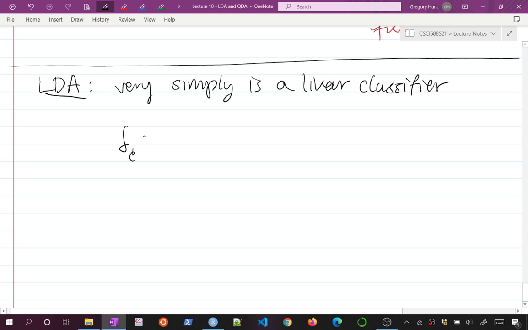The discriminant function for LDA is some intercept for my class plus some slope for my class transpose my covariate feature vector, right? And that's the discriminant function. If I give you the discriminant functions, I give you the classifier, because it's kind of a one-to-one relationship there.